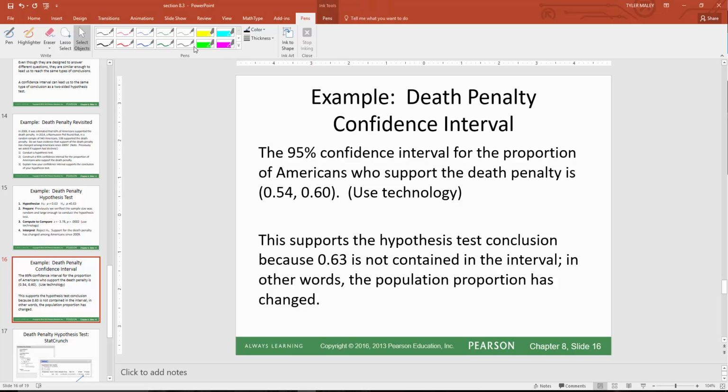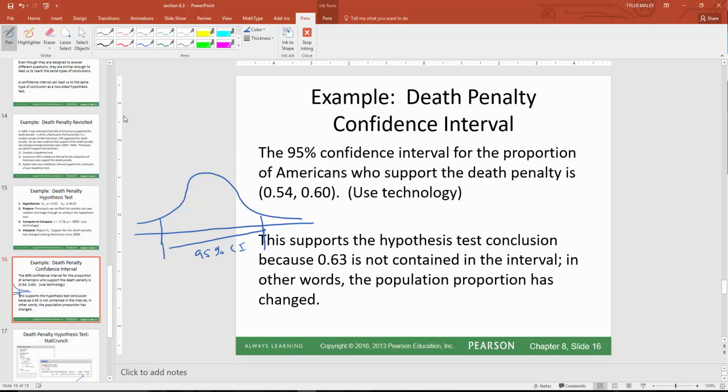To show you how they're related, let me draw a standard curve. Maybe between here and here is my 95% confidence interval.